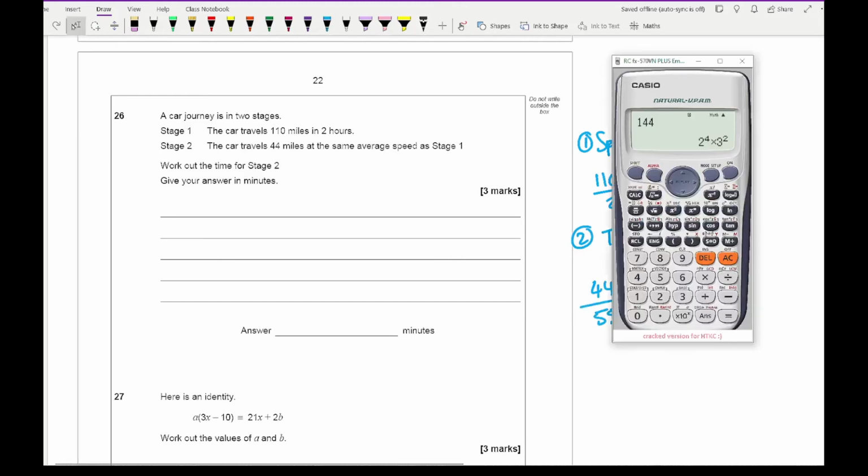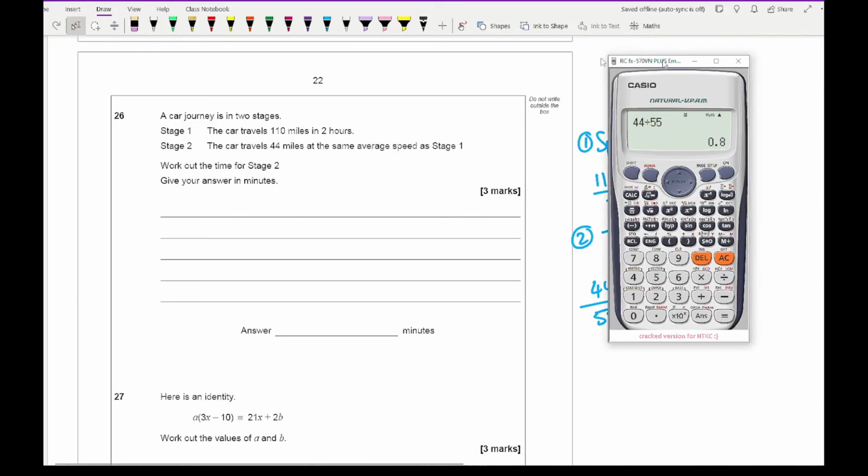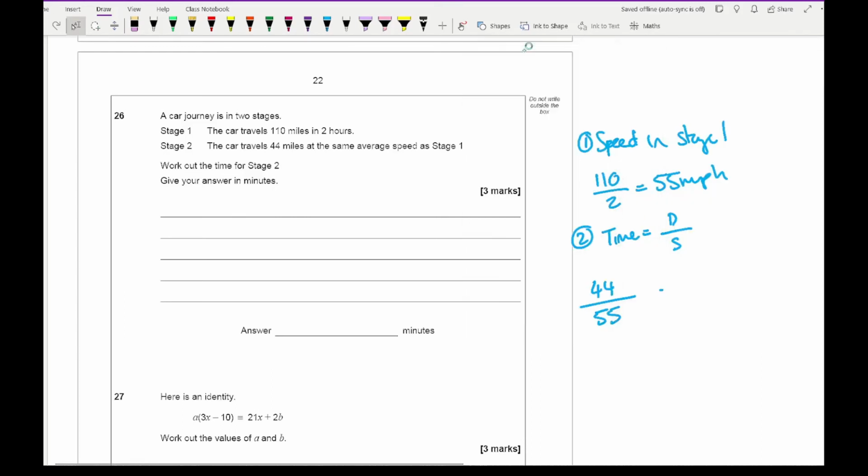So I need to do the distance, which is 44 miles, divided by 55. On my calculator, 44 divided by 55 equals 0.8. Now we want the time in minutes, so 0.8 hours equals, and to convert hours into minutes, I just need to times that by 60.